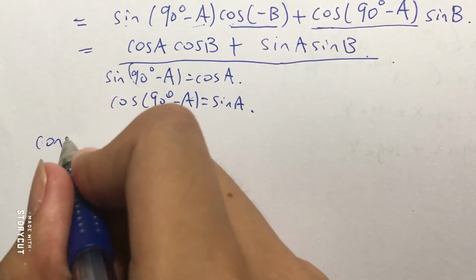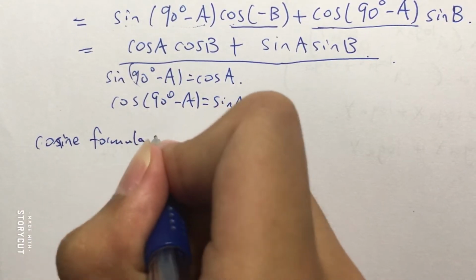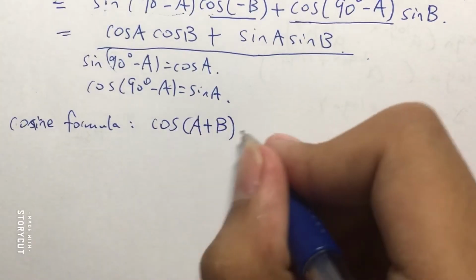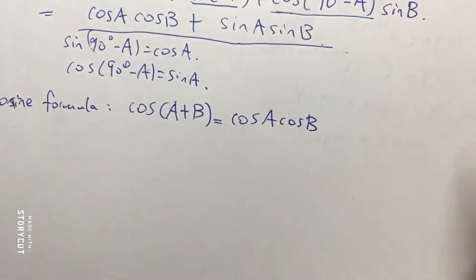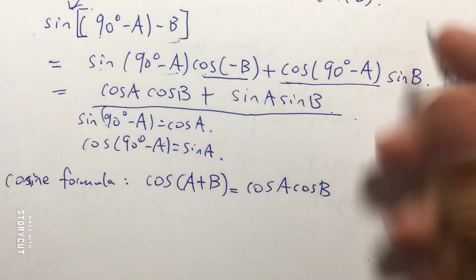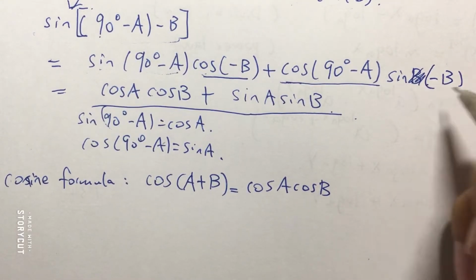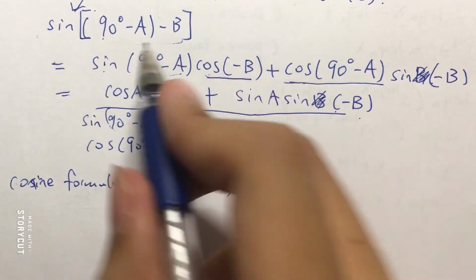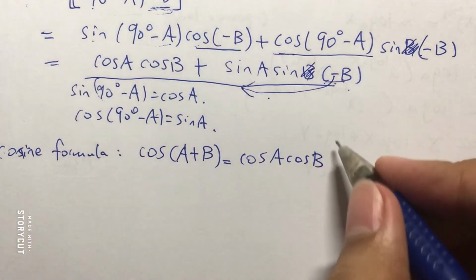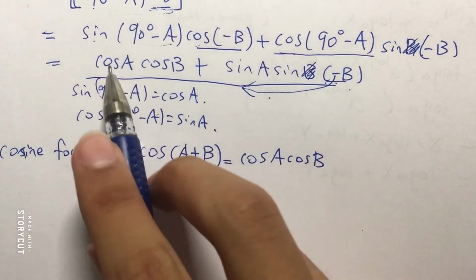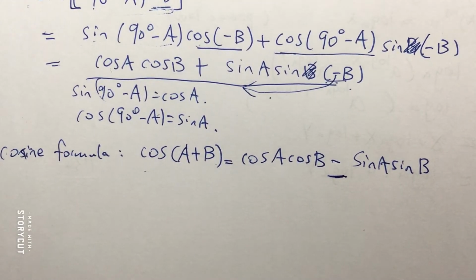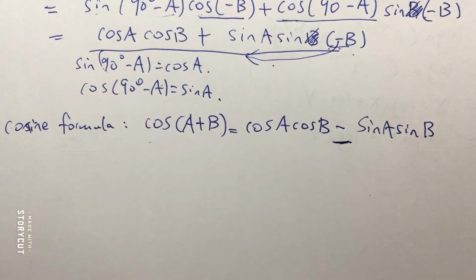So let's state the cosine formula, which is cosine (A plus B) is equal to cosine A cosine B. Here this should be sine negative B, because here is negative B. And because sine is an odd function, this negative can be brought to the front, which means that cosine (A plus B) is equal to cosine A cosine B minus sine A sine B. Be careful with this minus sign because it's easy to make mistakes here, and I just made the mistakes as well.